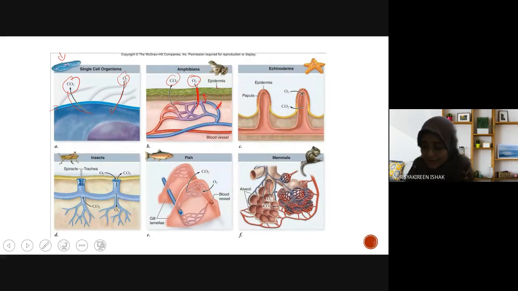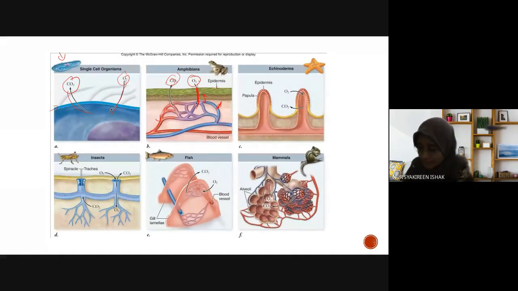The red ones carry oxygen poor blood. So this oxygen poor blood carries carbon dioxide, so carbon dioxide diffuses out of the blood capillaries into the atmosphere. Vice versa for oxygen from the atmosphere through the epidermis of the skin into the blood capillaries, where the blood capillaries will carry oxygen rich blood.